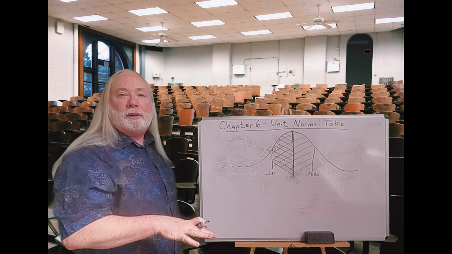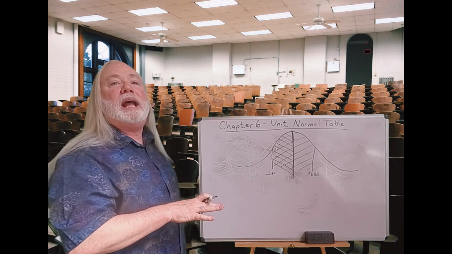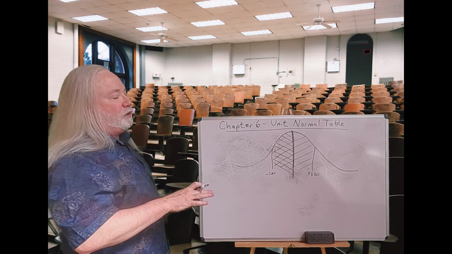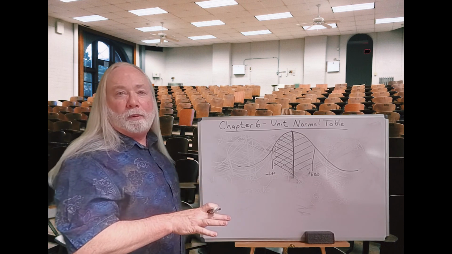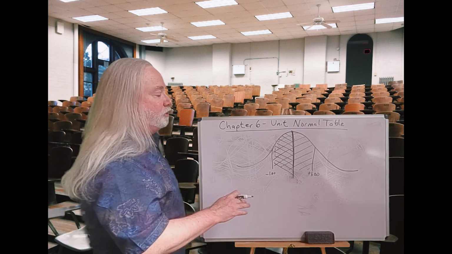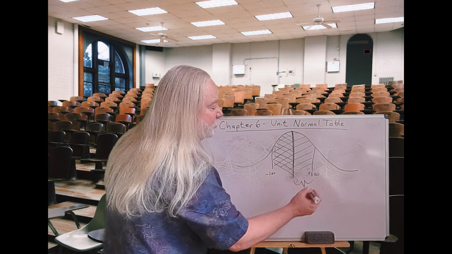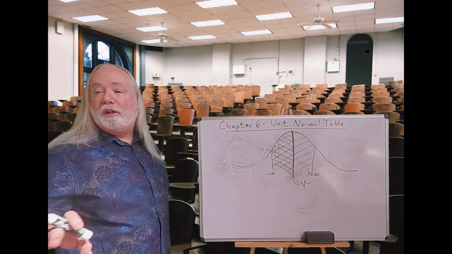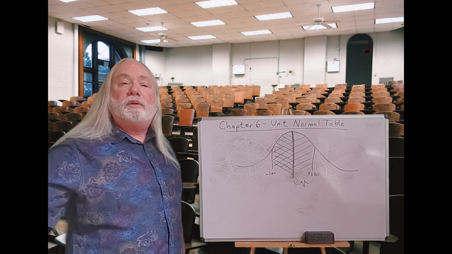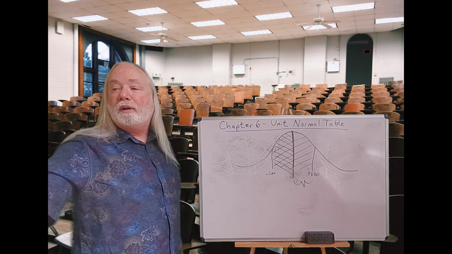So for these problems, typically we kind of have to take it in a couple of steps. So let's figure out from the table what proportion of the normal distribution exists between the mean and a z of +1. Well, you go to your z of +1. It's on page 534 at the top.